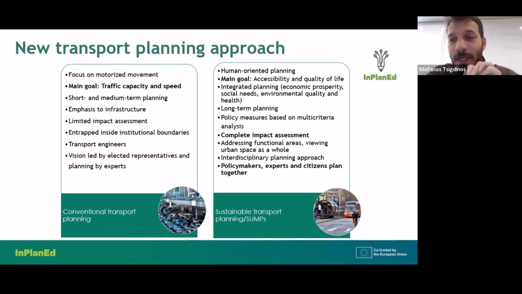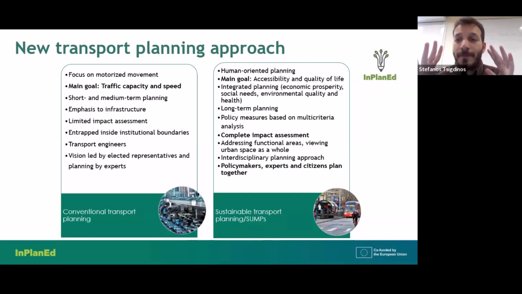Therefore, we can see that the SUMPs are really related with integrated planning. We talked about the integrated planning principles before, but one of the many ways to realize integrated planning is through SUMPs.